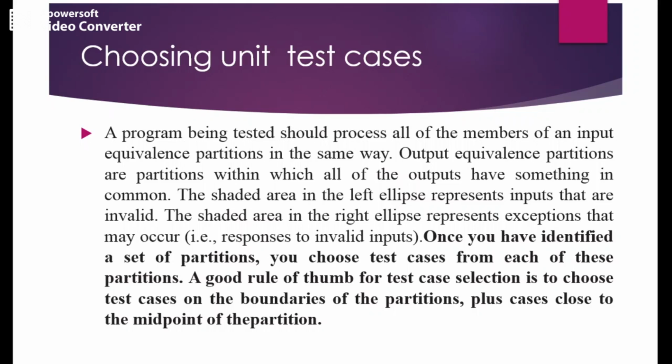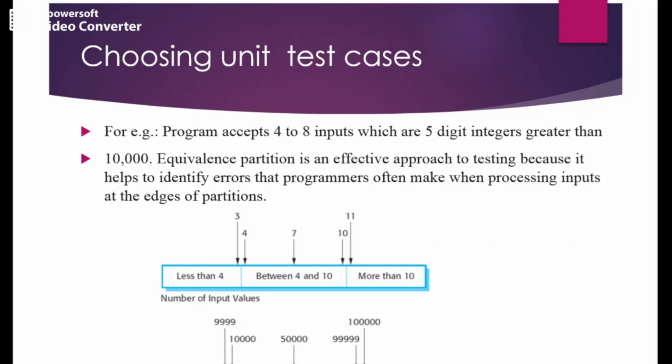So if you have the partition, you can better choose test cases related to the boundary as well as the midpoint of your partition. We'll see one example here which will show the meaning of that good rule of thumb.